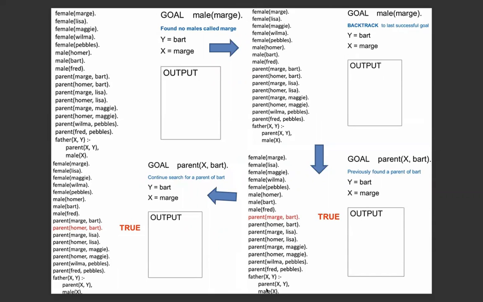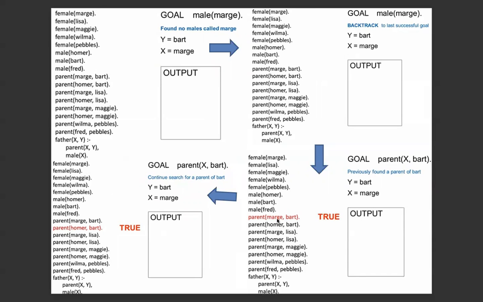Now what is backtracking? Backtracking means that I move back to the previously successful fact. The previously successful fact was that Marge is a parent of Bart. That was my previously successful part. That's why I determined that X must be Marge, and that's why I started searching for a fact that states that Marge is a male.